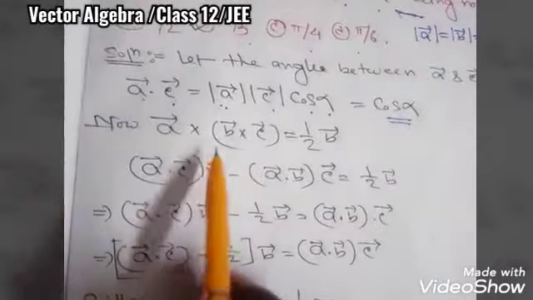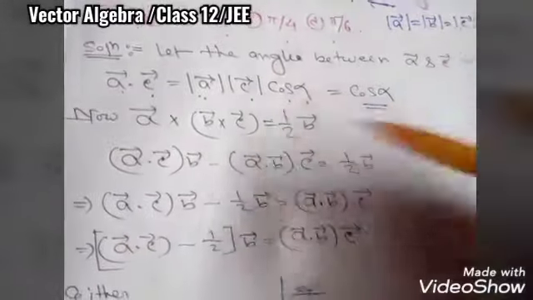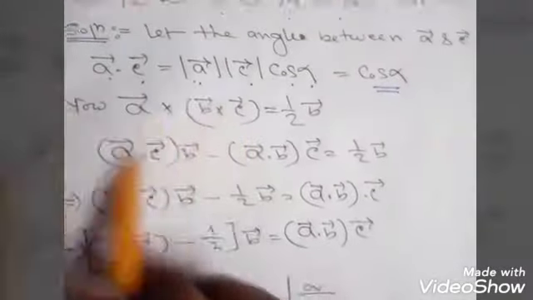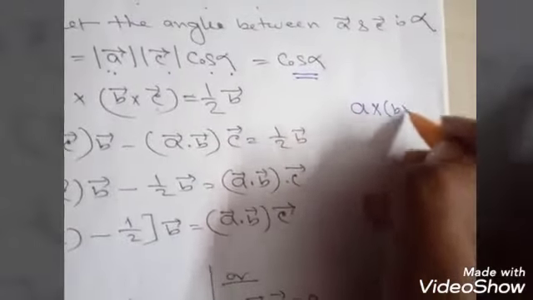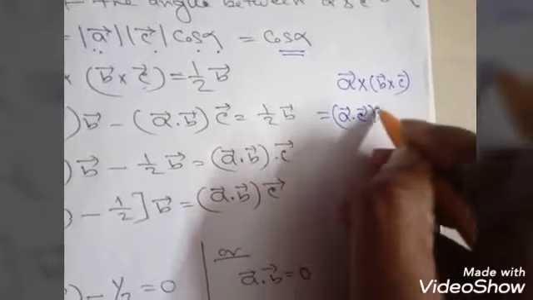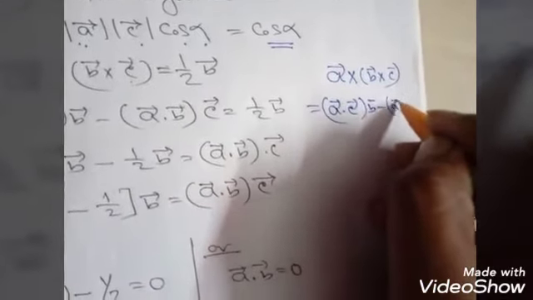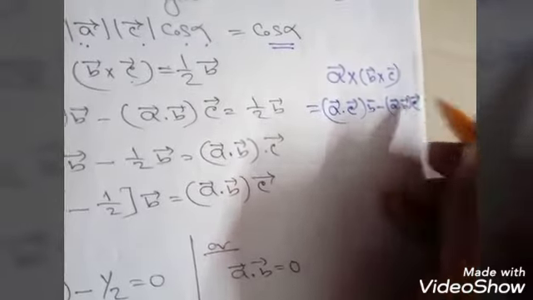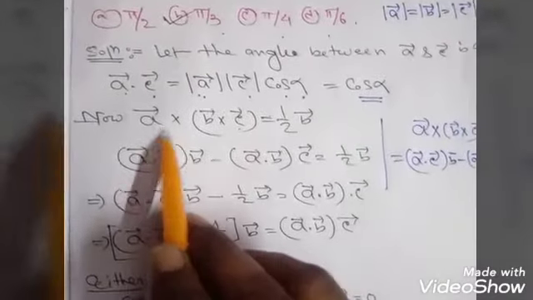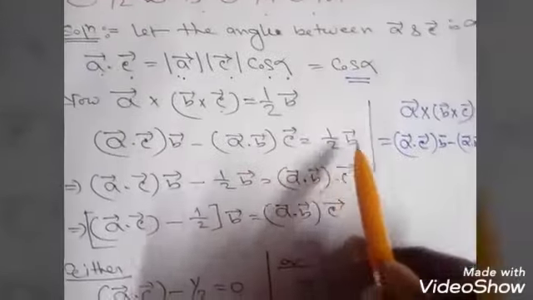Okay. A cross b cross c equal to half b vector. It is given a cross b cross c. We know this property: a cross within bracket b cross c, that is a vector dot c, b vector minus a vector dot b, c vector, equal to half b vector.